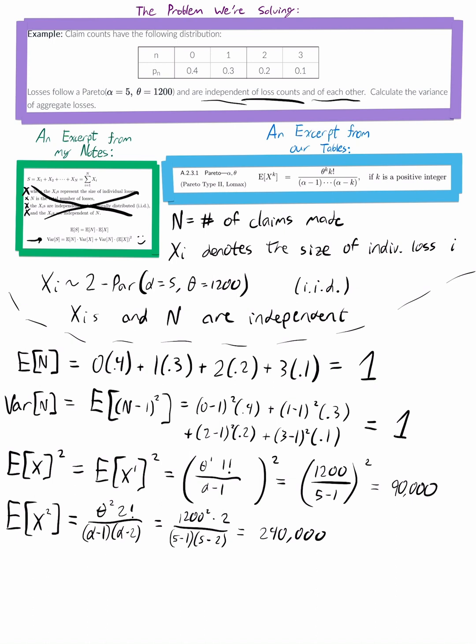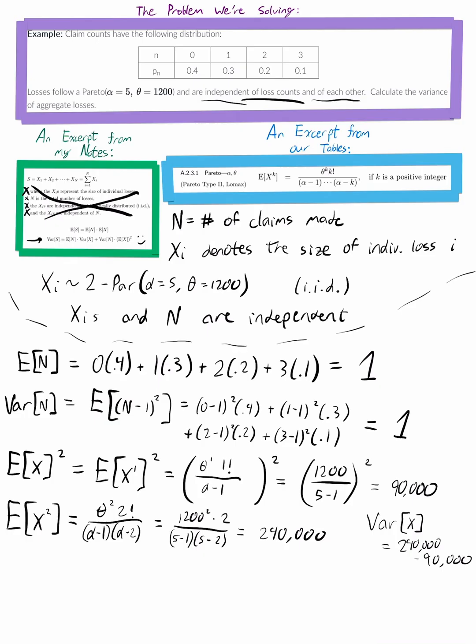Then the variance of X is just this minus this. Second raw moment minus first raw moment squared, which is 240,000 minus 90,000.